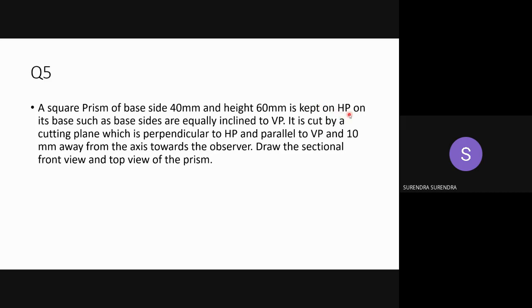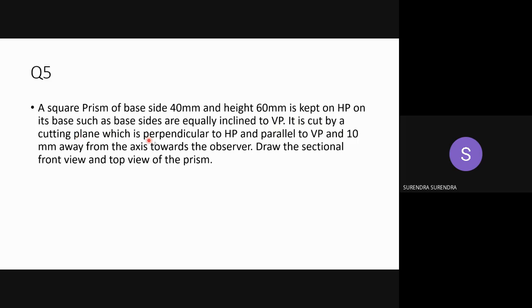When the base is on HP, you can see the true shape in top view, and in top view the condition is given as the base sides are equally inclined to VP. We have done this condition in projection of solids for a square. When all the sides are equally inclined to VP, you have to draw the square with 45 degrees inclination.